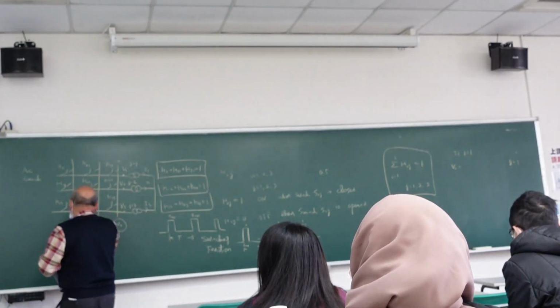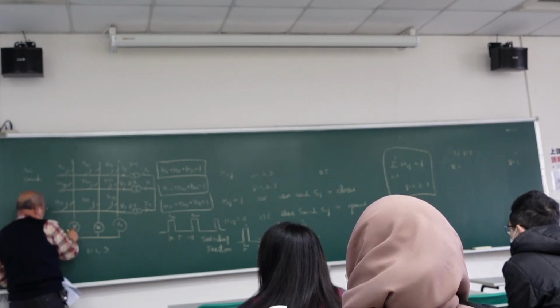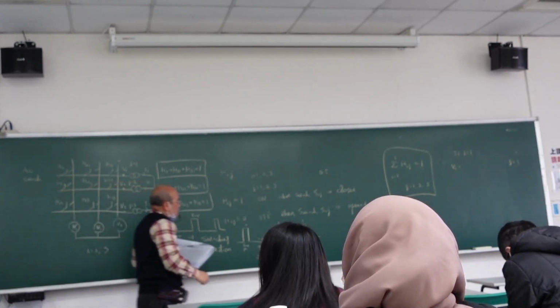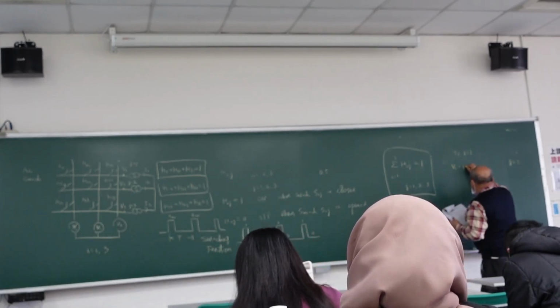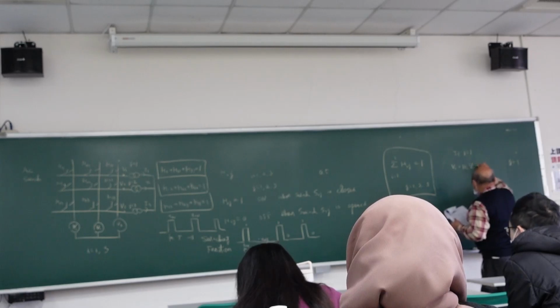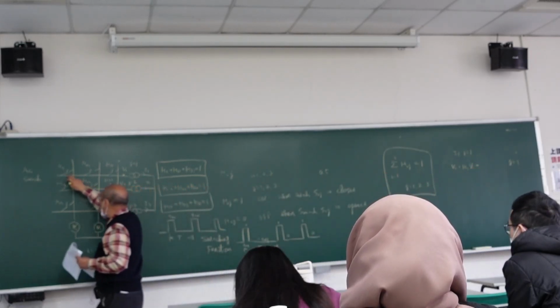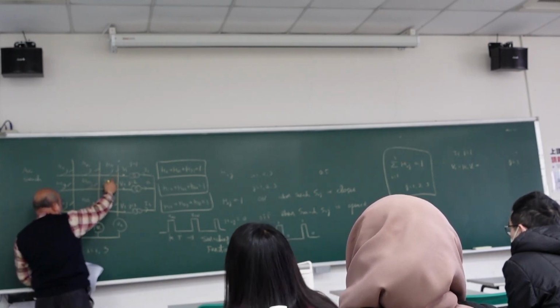If this one turns on, then it is equal to V1 multiplied by H11. So we can say it is equal to H11 V1. If this turns off and this turns on, then V2 comes here.